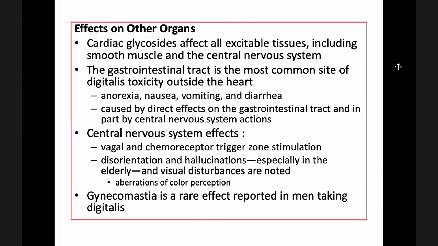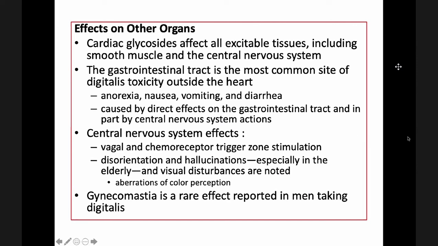Cardiac glycosides also have effects on other tissues, including the smooth muscle and your CNS. In the GIT, this is the most common site of digitalis toxicity outside the heart, and manifestations usually include anorexia, nausea, vomiting, and diarrhea.